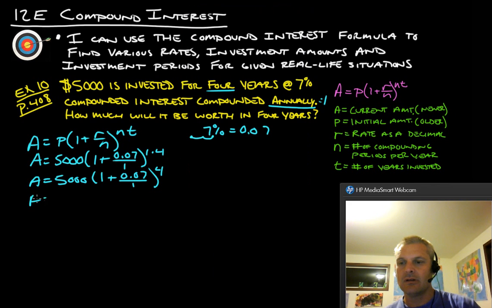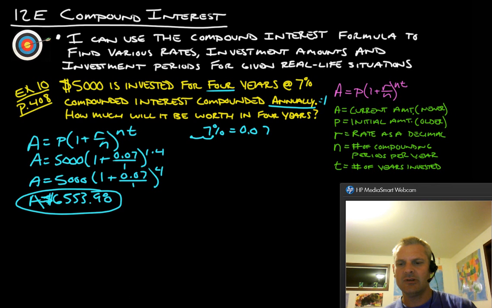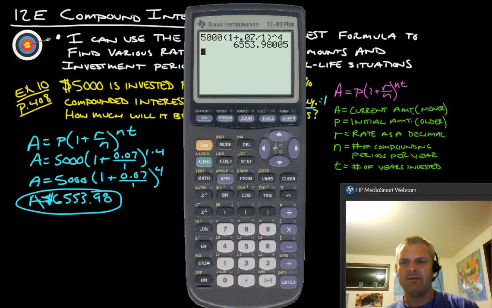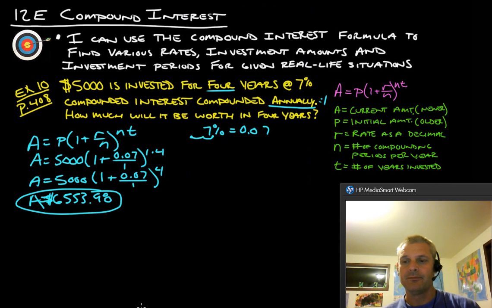So A equals 6553.98. Let's just double check here. 6553.98. Okay. So that's how much it's going to be worth in 4 years.